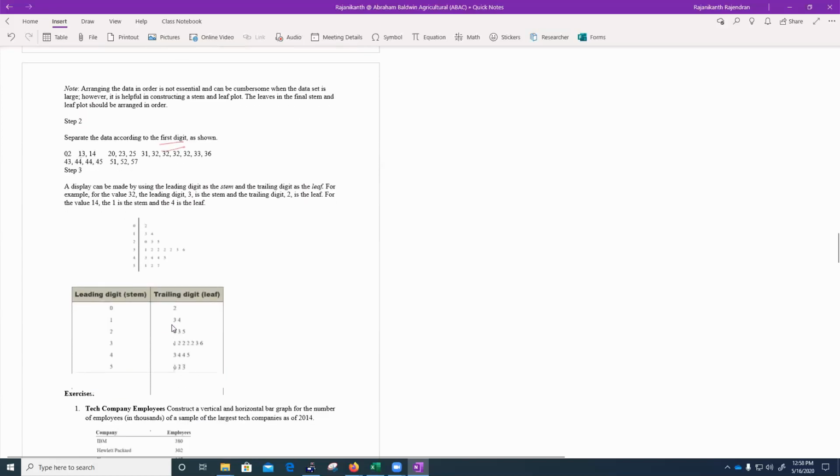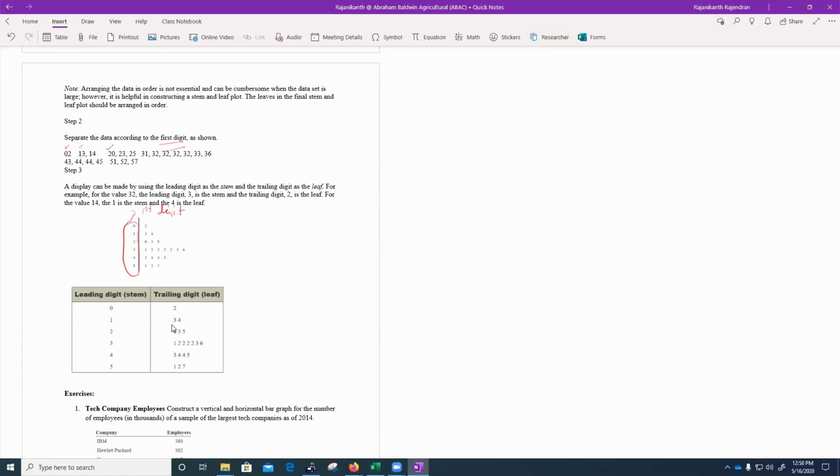After that, look at your groups, and the smallest one is 0, 1. You just look at only the first digit, 0, 1, 2, 3, and so on, and write those in order here. These all come from the first digit of your number data values.